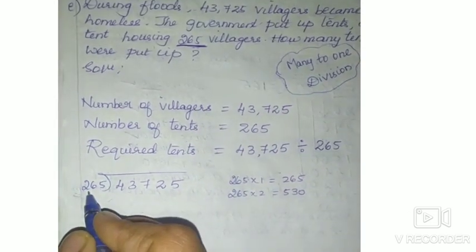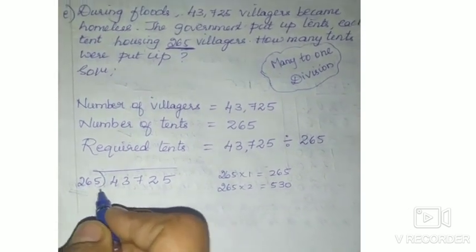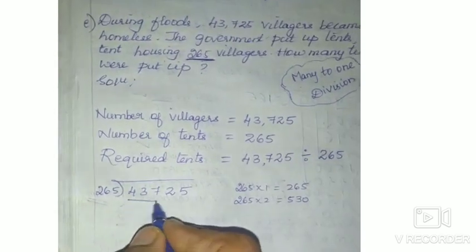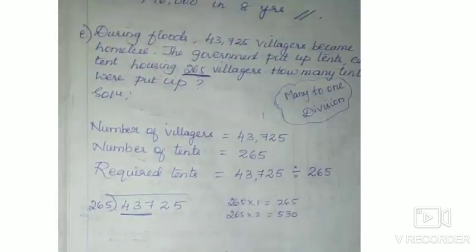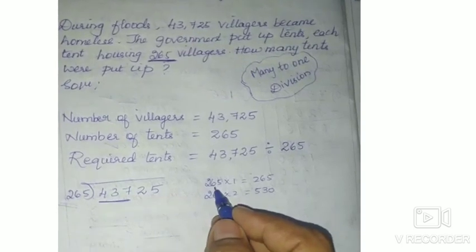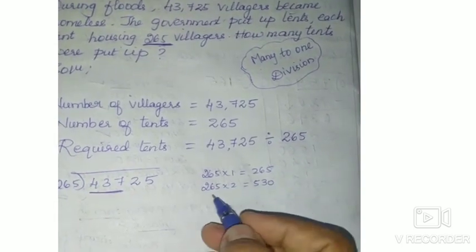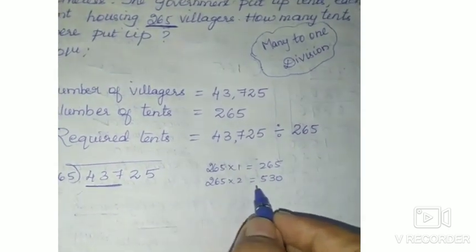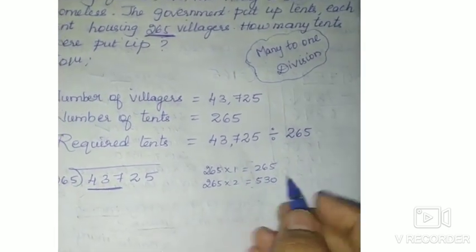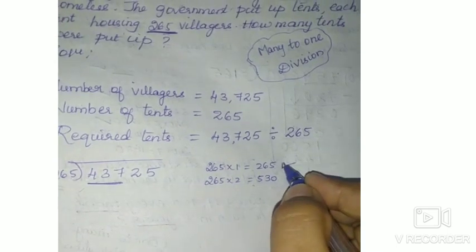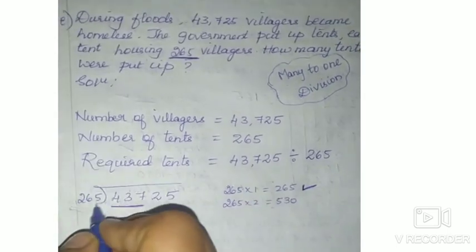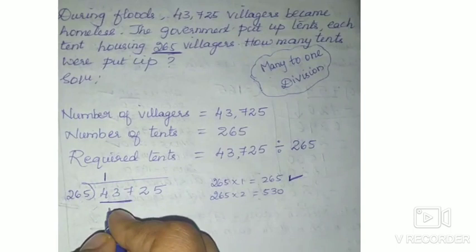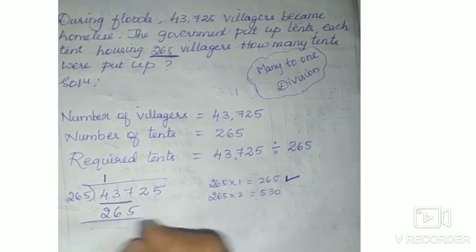The divisor is 265, a 3-digit number, so start with 3 digits. 265 ones are 265, 265 twos are 530. So where is 437? There is no exact 437. So take the lesser number because we have to subtract. So 265 ones are 265.